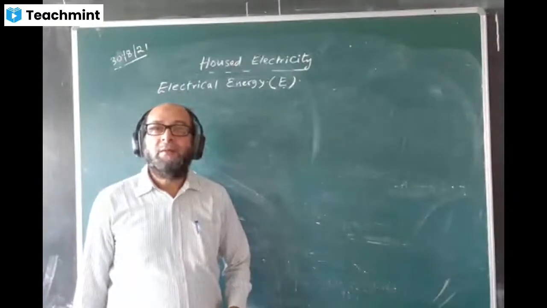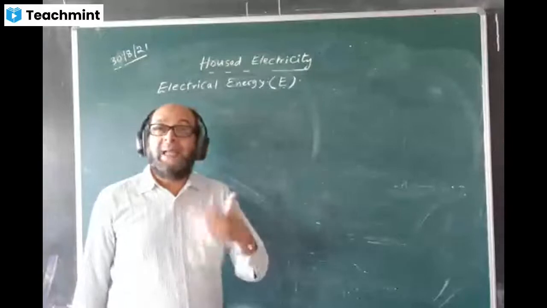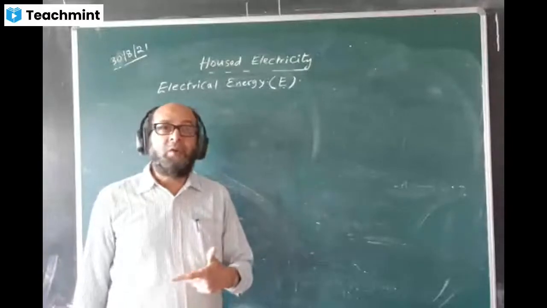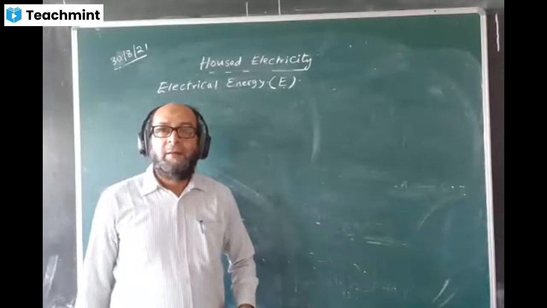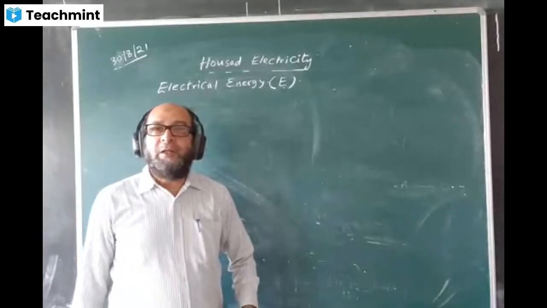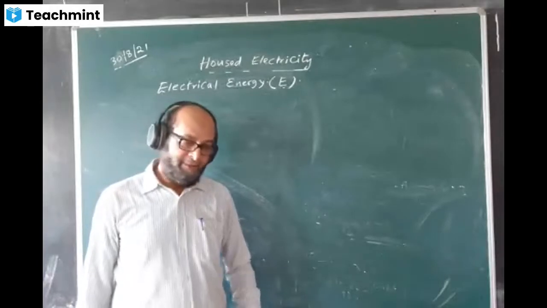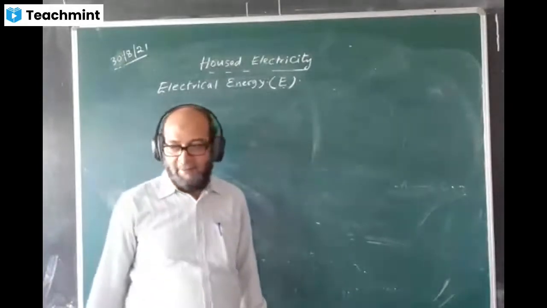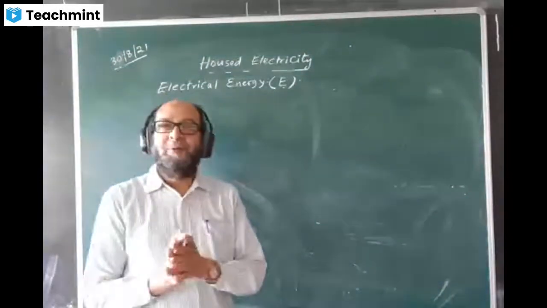Hope you understood it. This is the reason why electrical energy is the most desirable, the most demanding, most wanted form of energy. Which is most wanted? Electrical energy. And you know the reason, no?